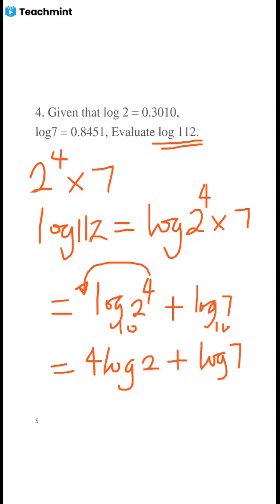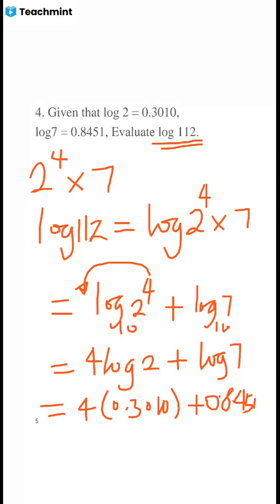Now they told us that log 2 is what? Log 2 is 0.3010 plus log 7, 0.8451. So we can press our calculator to get this.